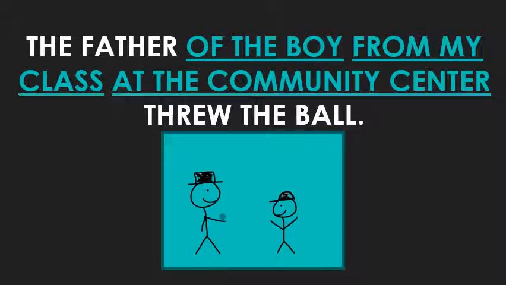As we saw in the past, this is all still one subject. The father of the boy from my class at the community center, that's the subject. That's a big, long noun phrase. The prepositions attach like glue. They become part of that noun phrase because, according to the author, that extra information is necessary for us to understand which father.